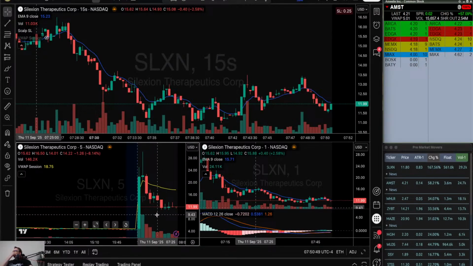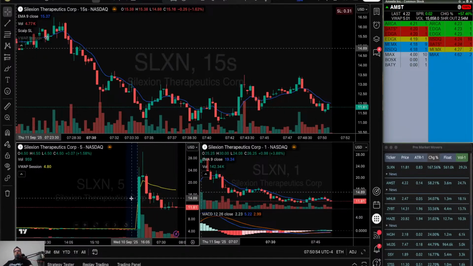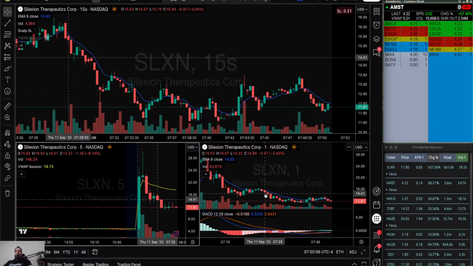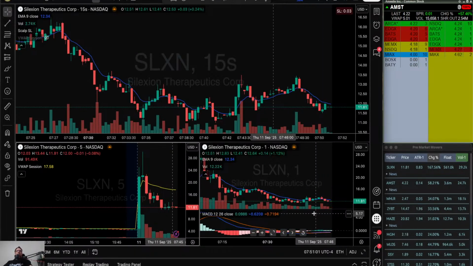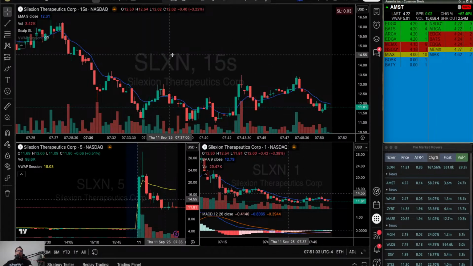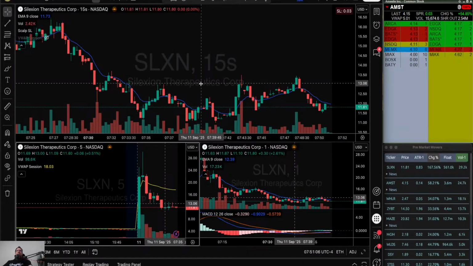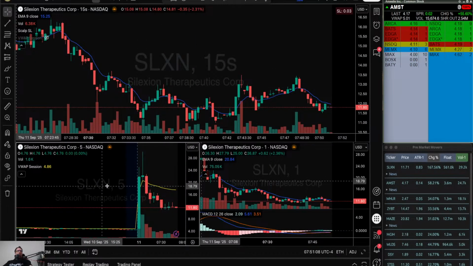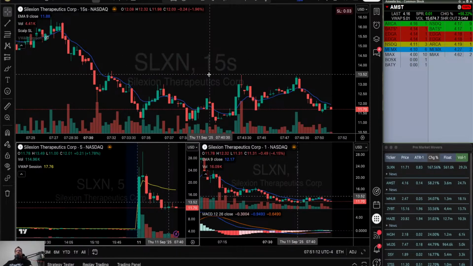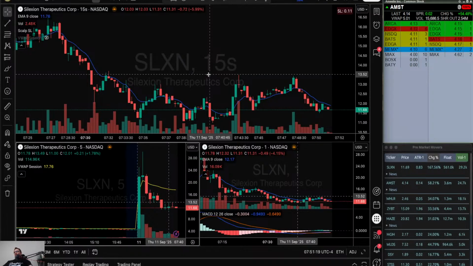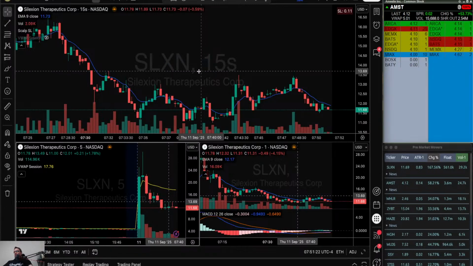There's some more work that needs to be done, but mainly it tells me the 5 minute is setting up and the 1 minute is setting up with the MACD being positive. Then I jump over to the 15 second, and I glance over at the 5 minute, then the 1 minute, and think, okay, things are setting up. Then I do my entries off the 15 second, and I manage the trade off the 15 second.